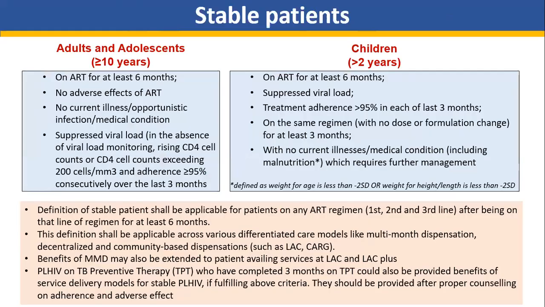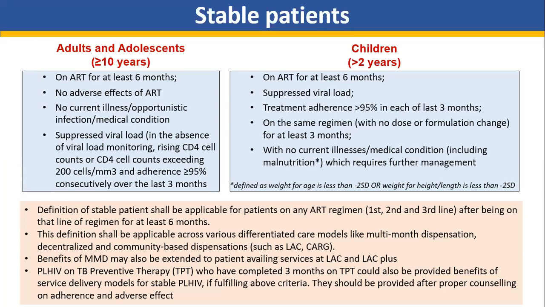For package B or C, if a patient has taken antiretrovirals for more than 6 months, we can categorize after this. For stable adolescents and adults, these patients should be on ART for at least 6 months, and they don't have any adverse event with antiretroviral therapy. There is no current opportunistic infection or co-infection.